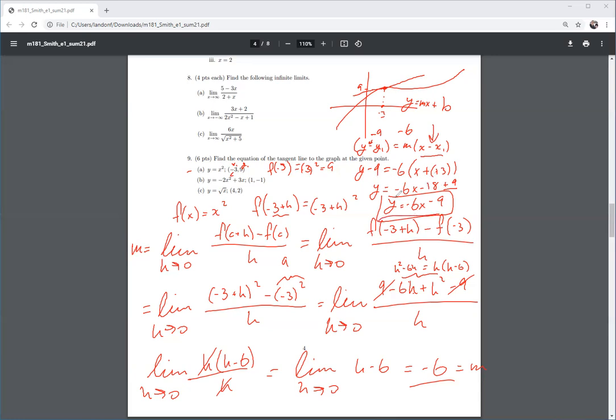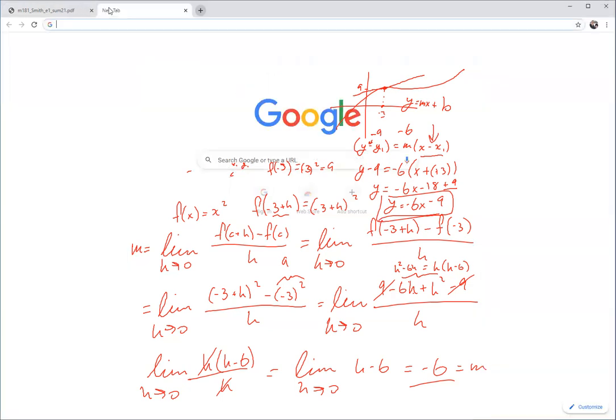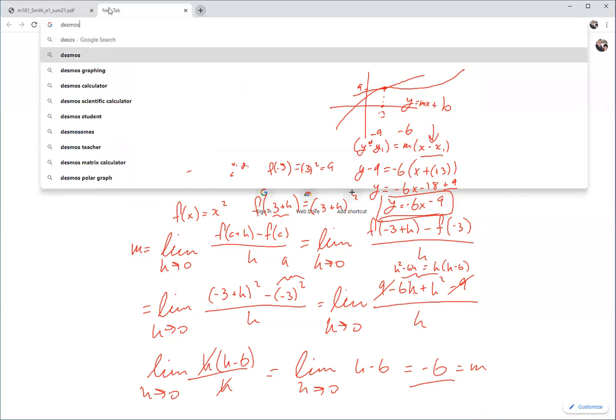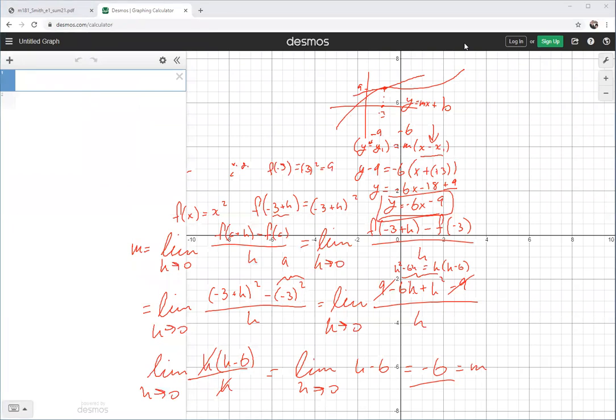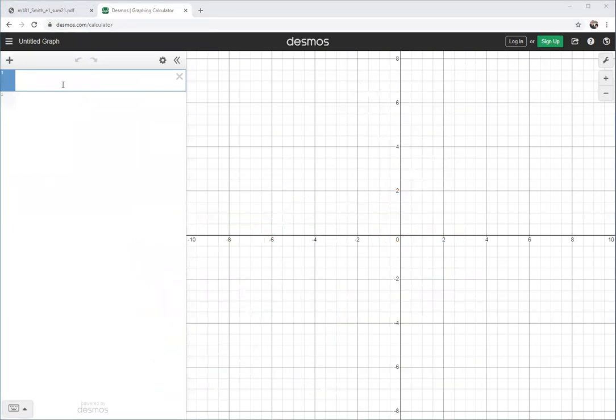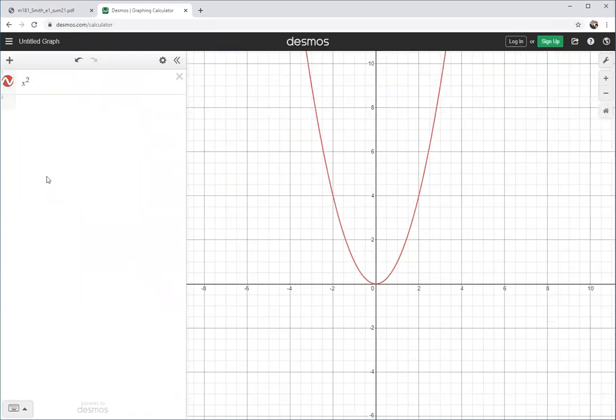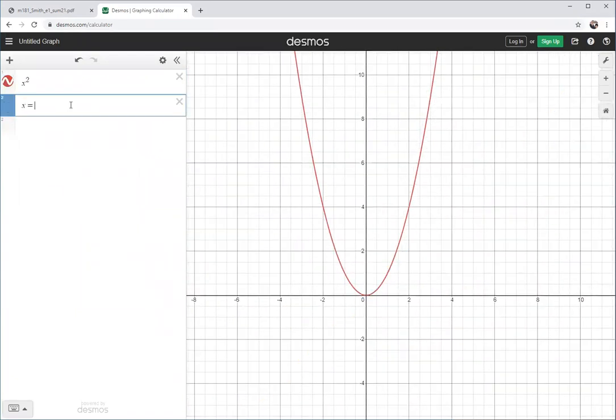If you guys want a reference to double check some of your work, I recommend Desmos. Desmos is really nice. Here, let me get rid of all of this on the screen. You can just graph a function x to the power of 2, and then plug in the point minus 3, 9.